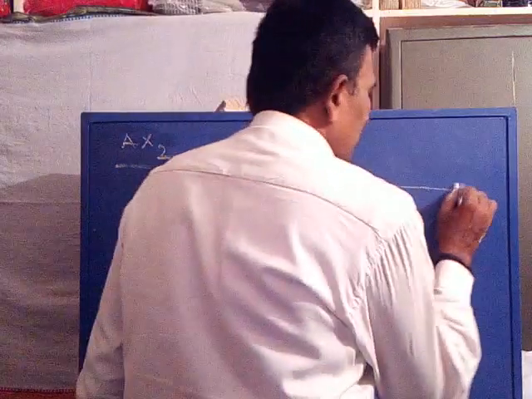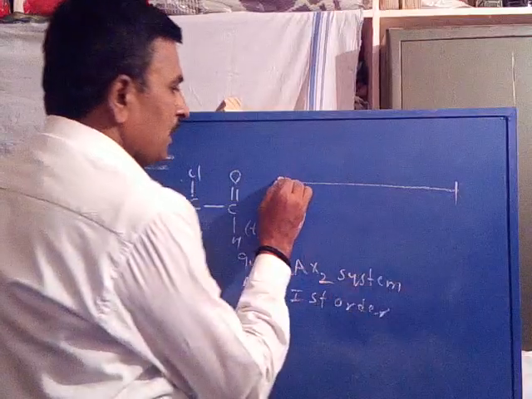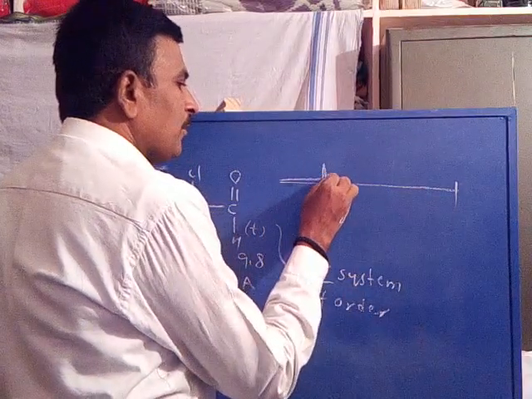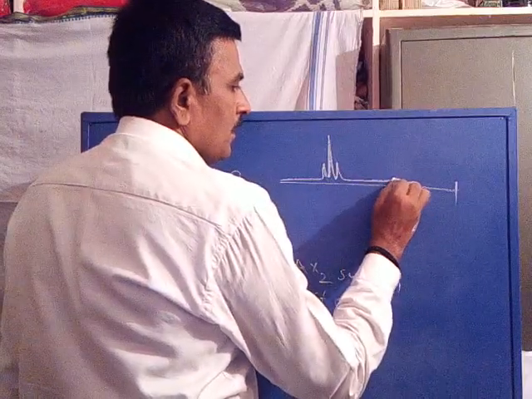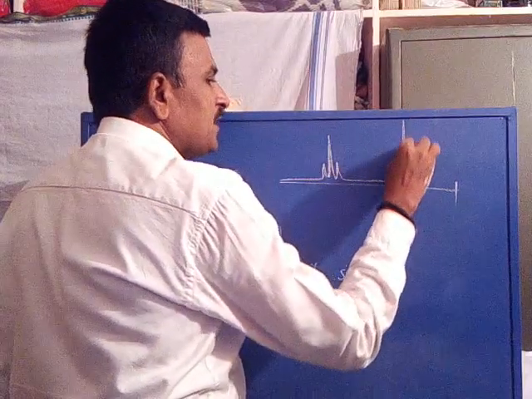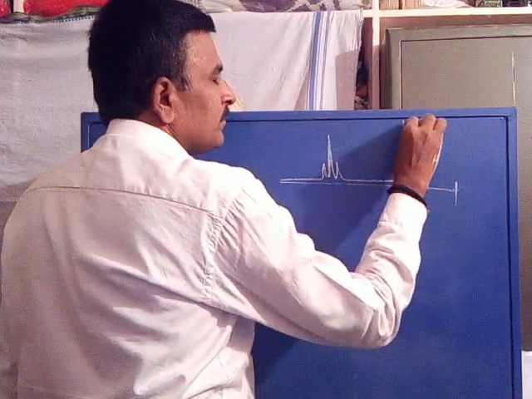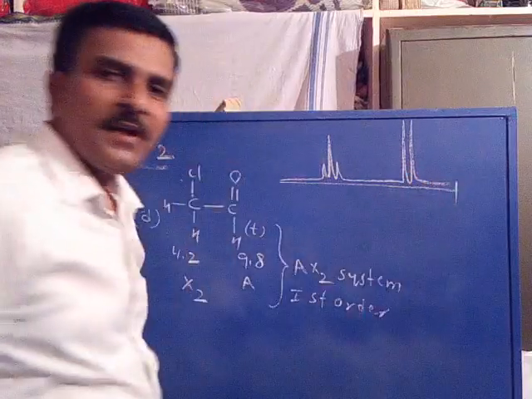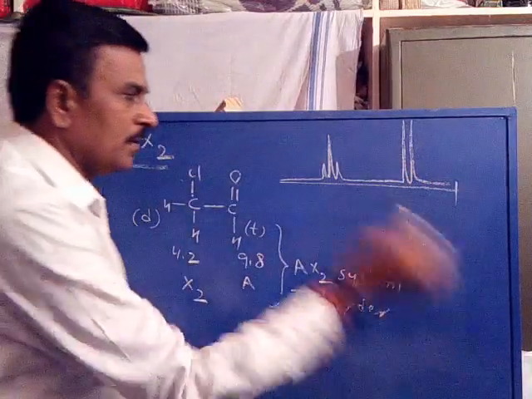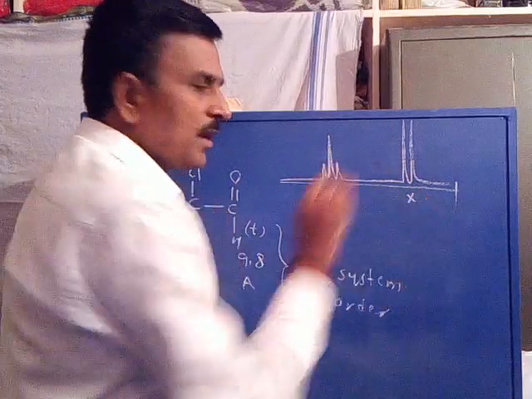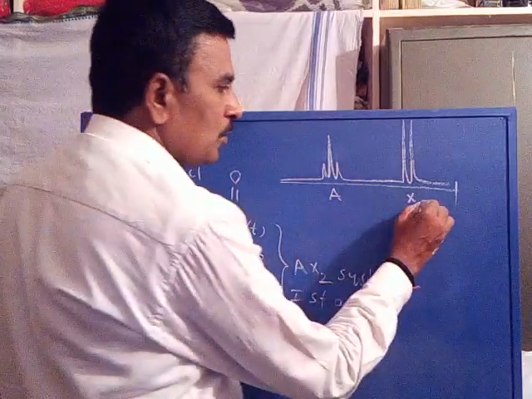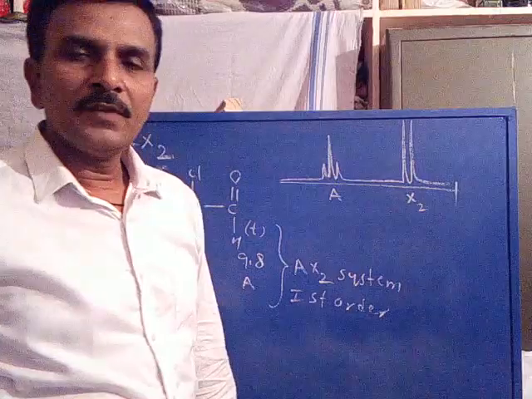Now its spectrum consists of a triplet signal for the aldehyde proton and a doublet signal for the methylene proton. This is the A proton signal, this is the X proton signal. X has two protons. Is it clear?